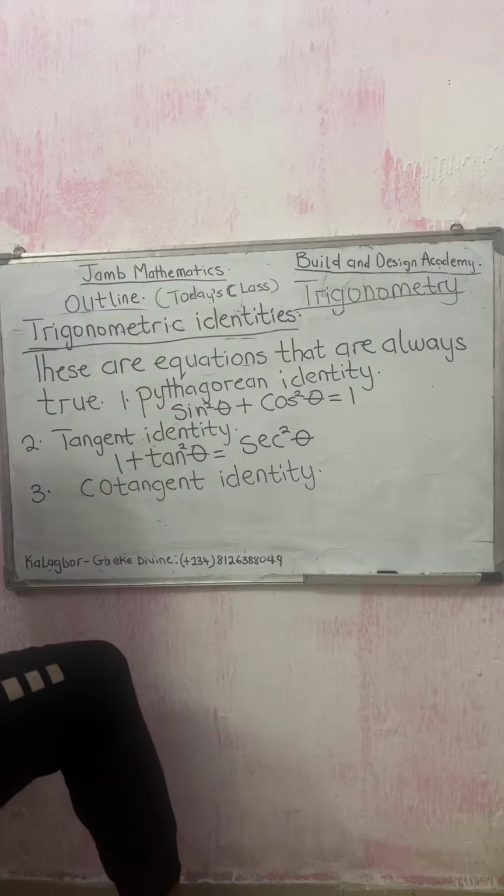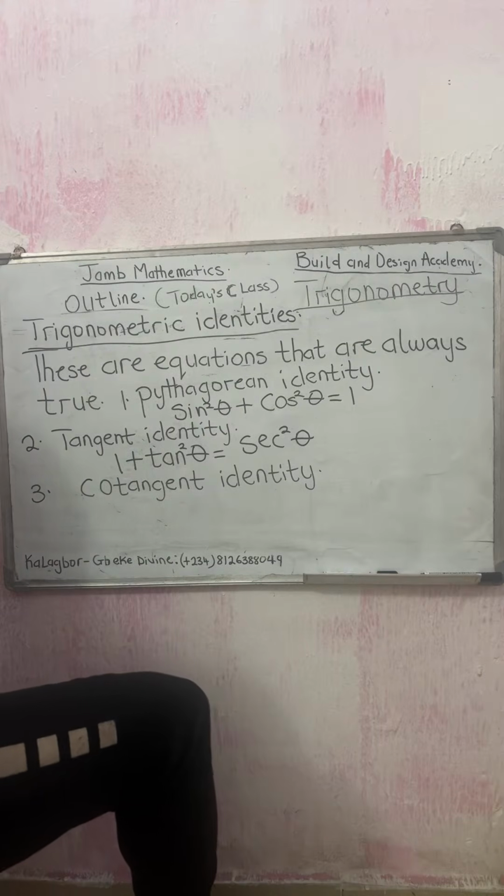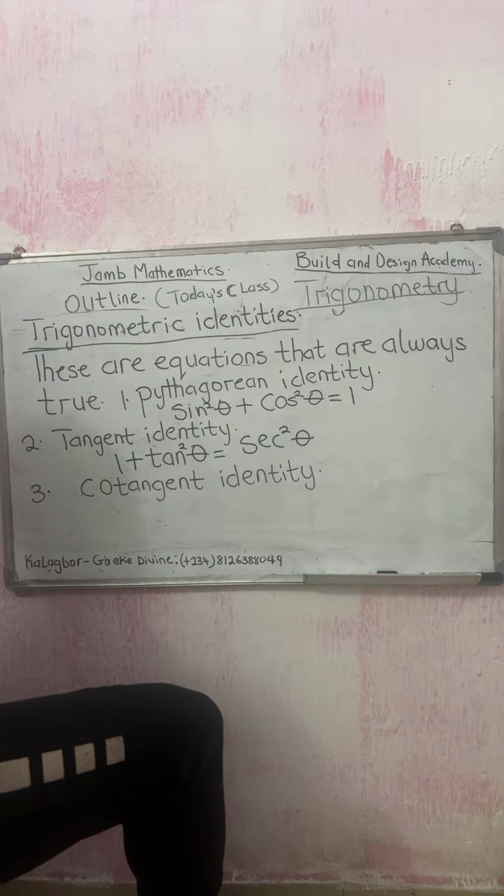And for the cotangent identity, the short form for cotangent is cot.